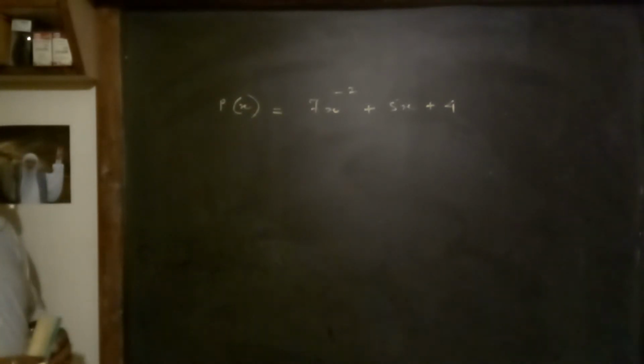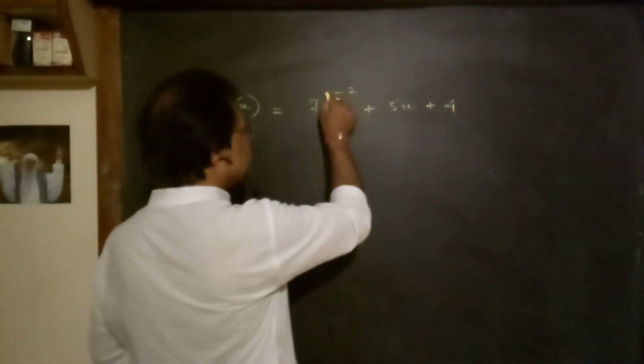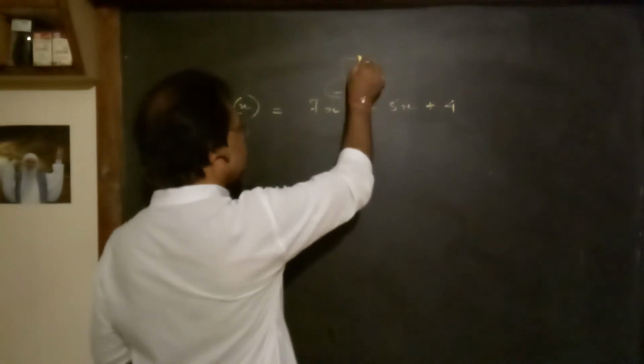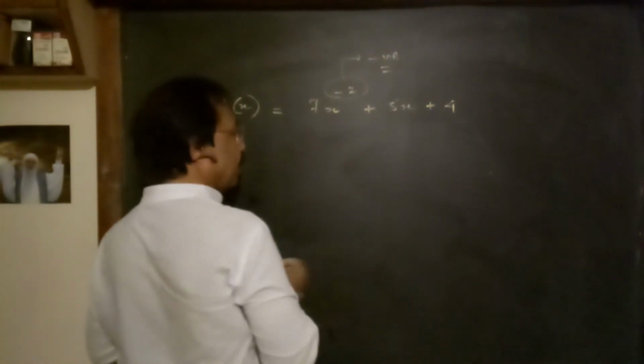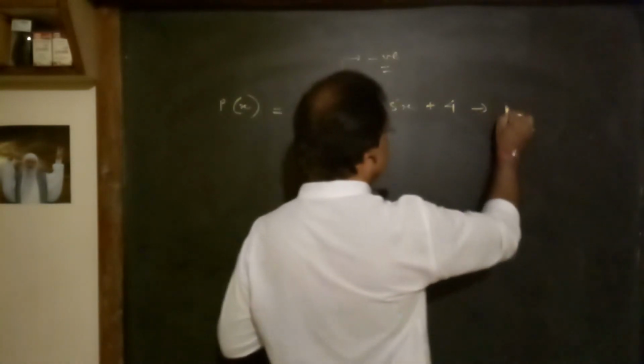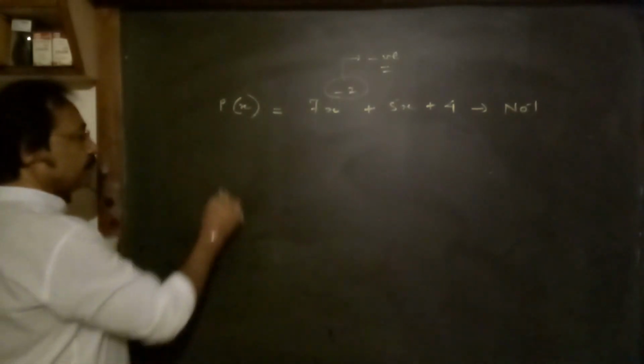Can you say it is a polynomial? No, it is not. Because the power of x can never be negative. It is nothing but negative power, and therefore it is not a polynomial.